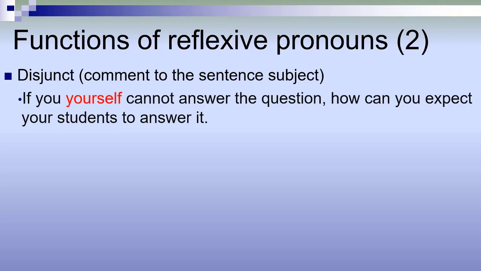Well, you cannot say herself because this is a disjunct. It's just a comment on you here. It's just to emphasize the fact that you cannot answer the question. So by definition, because we cannot ask a question about yourself over here, this is just a disjunct, a comment to what we are saying.